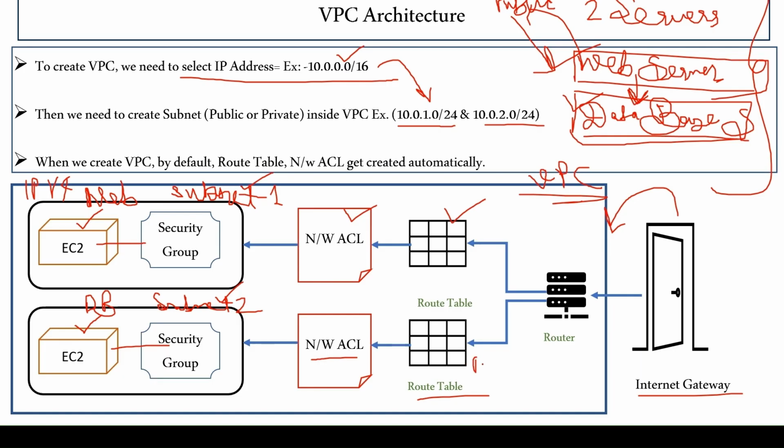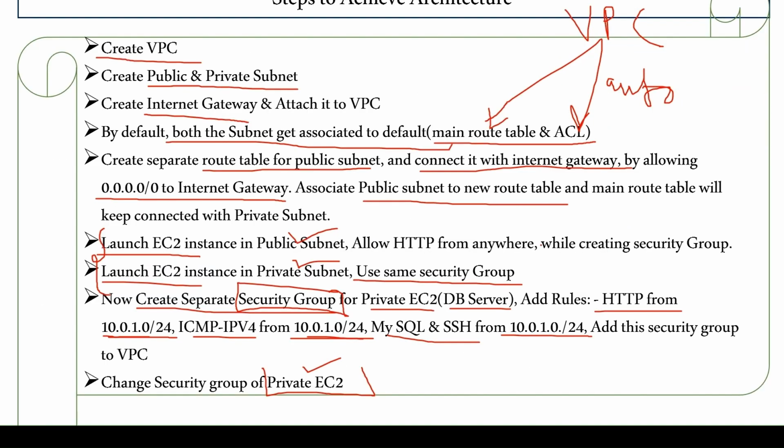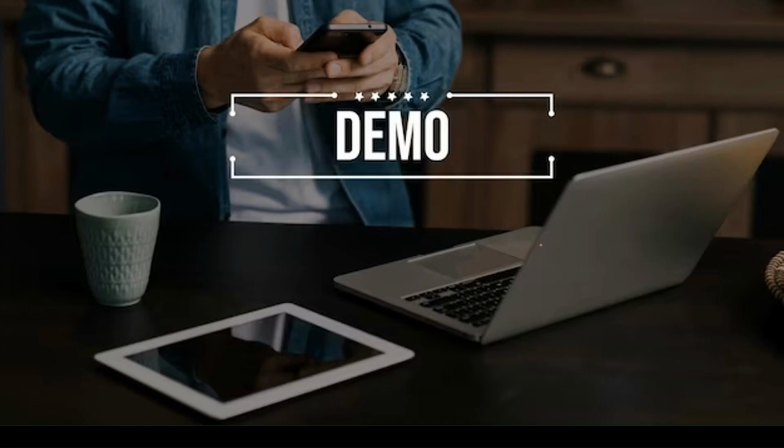This is the main route table, and this is the new route table that we have created. And then here we have the ACL. For now I'm not creating it, and then we have created two security groups and attached them. So till here I hope the things are clear to you.